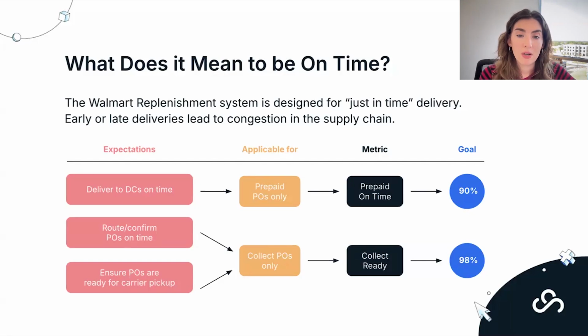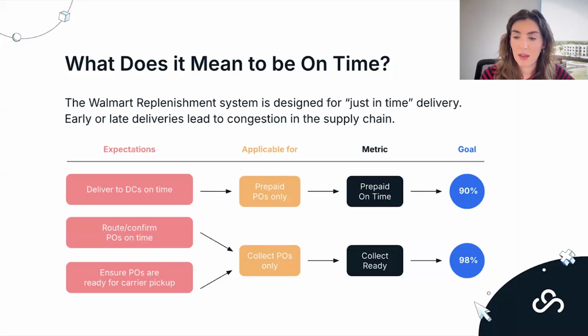But essentially, on time means that you are delivering the right amount, the correct product on time to either the DC, or you're making sure that those POs are ready for carrier pickup and they are on the time and date that they're expected to be picked up.